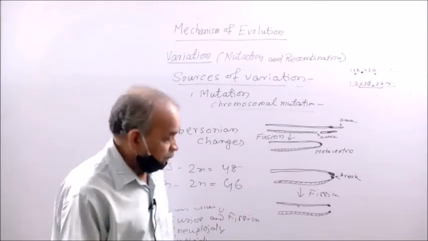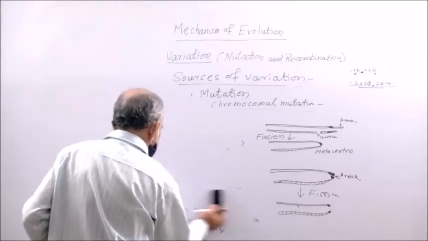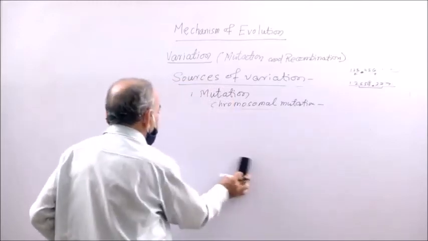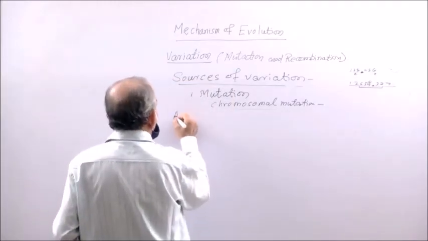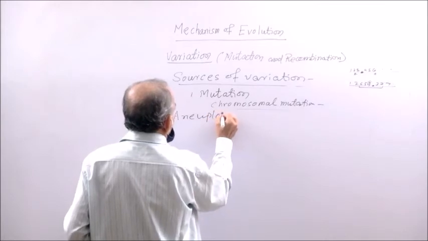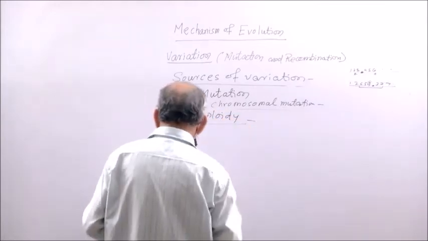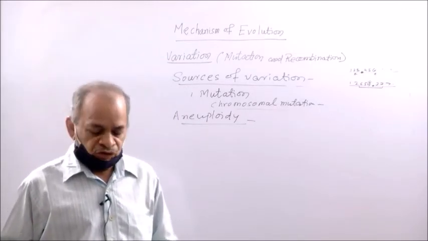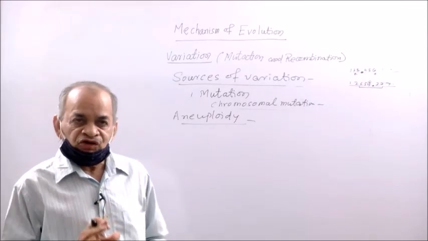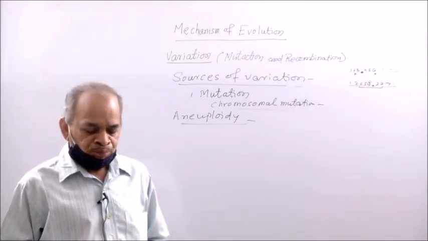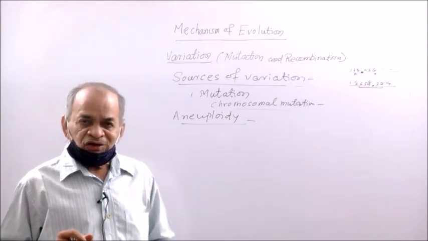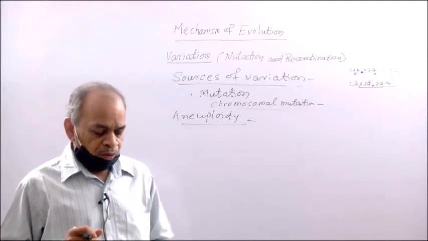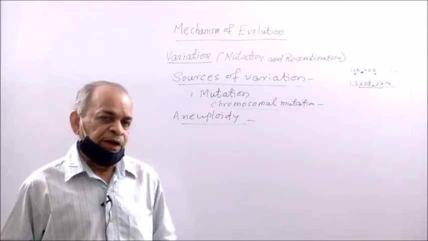Then aneuploidy. Changes in chromosome number within the set is called aneuploidy.